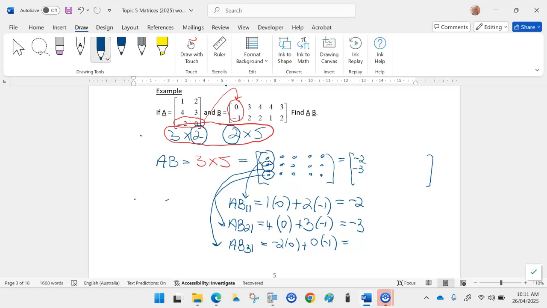I'm going to take the third row from A, -2, 0, and multiply it through the first column of B, 0, -1. That will be -2 times 0 plus 0 times -1. That would be 0. So back to my product, the third row, first column would be 0, etc., etc.